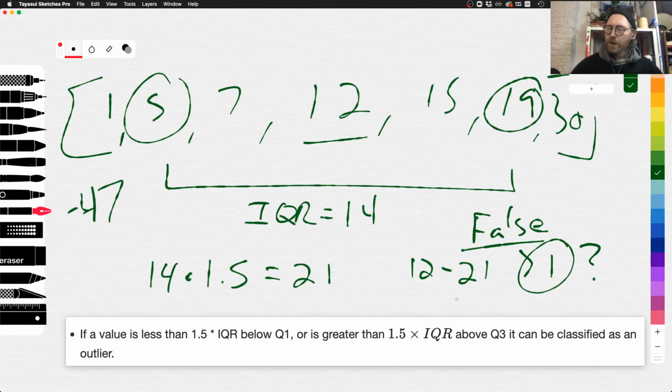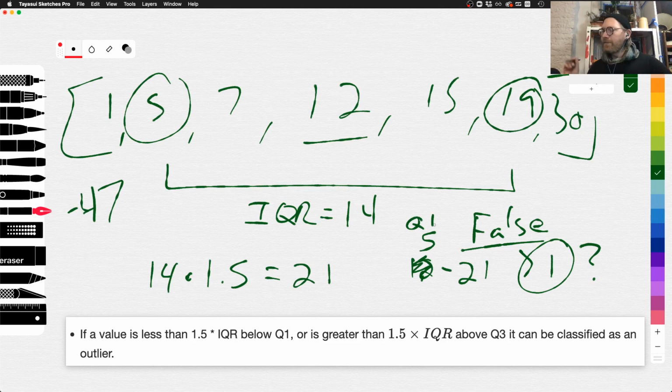So really the question we're asking is if a value in the data set is 1.5 times the IQR lower than Q1. I put the median here. I should have put 5 minus 21. My bad. That's Q1.